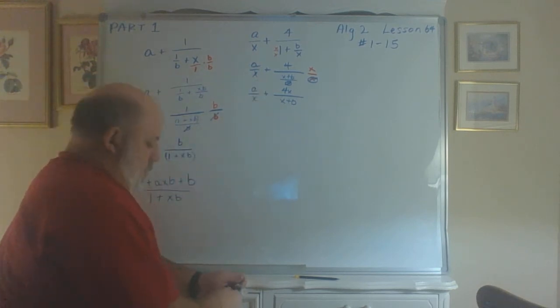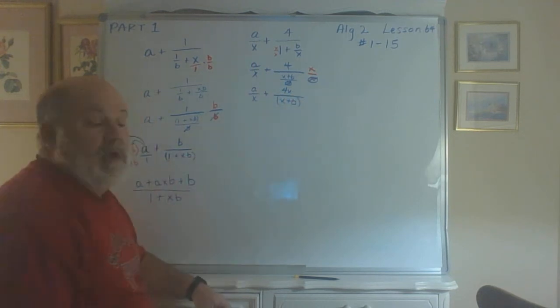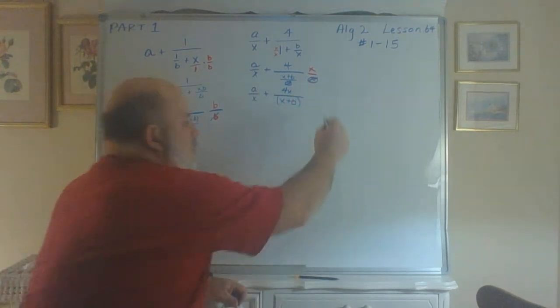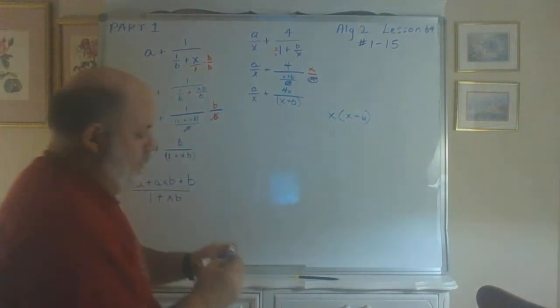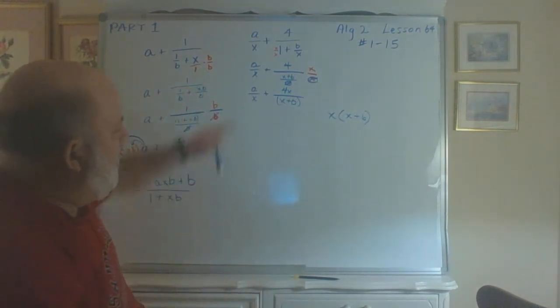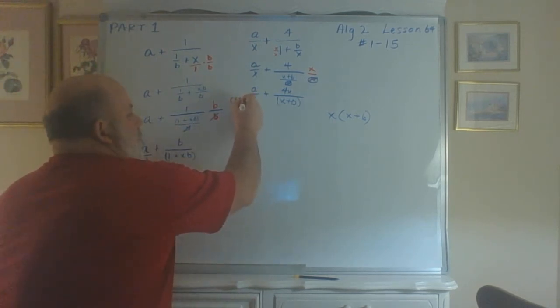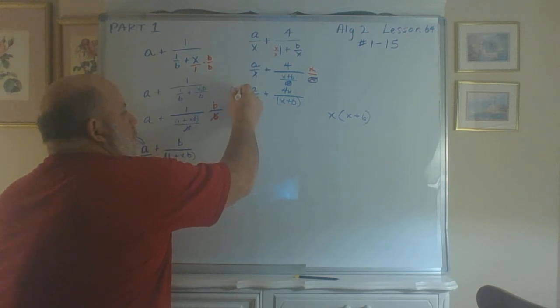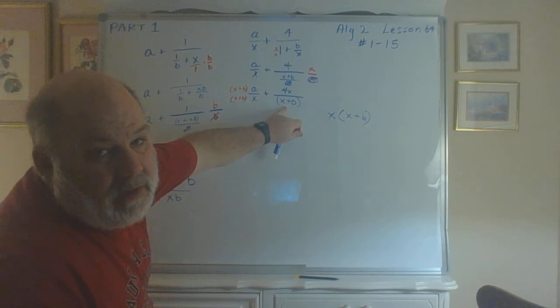Get rid of that. This x plus b is its own quantity. My lowest common denominator is going to be x times x plus b. So what does this a over x need? It needs that x plus b quantity, x plus b. What does this need to have the lowest common denominator?